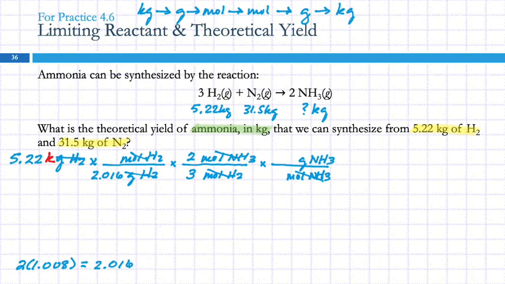And then at the end, I need the molar mass of ammonia, which is 1 nitrogen and 3 hydrogens, 17.034.